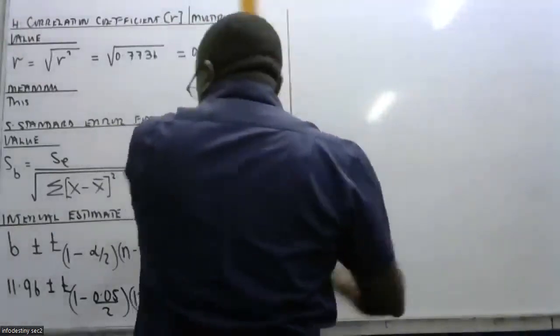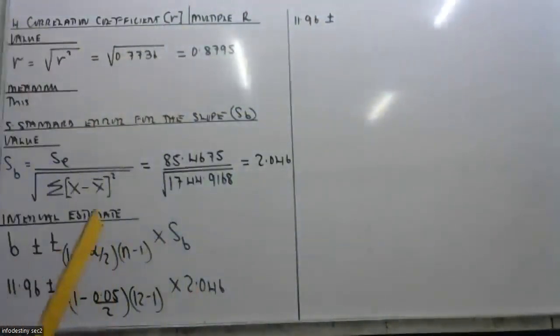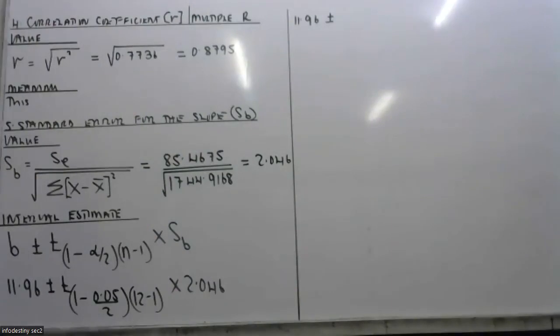So it will be 11.96 plus or minus. Go to the t table. You read at row number 11, because those are the degrees of freedom. You go back to 95 confidence, then go down to number 11.